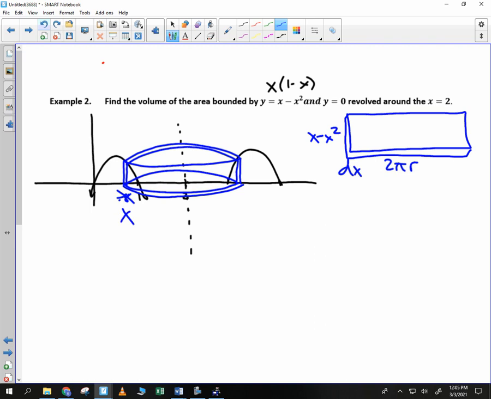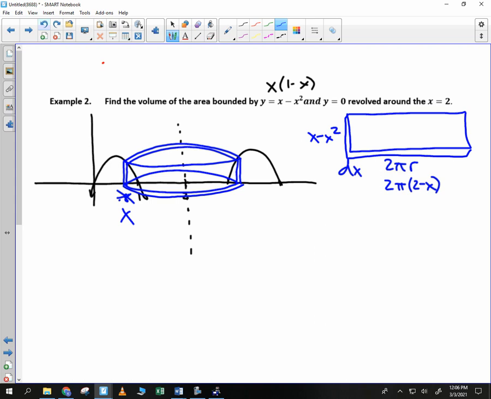You have to do right minus left to find your distance. Since I didn't rotate it around the x or the y-axis, the expression is 2 minus x. You take your right minus your left to find your radius. But now it's easy.